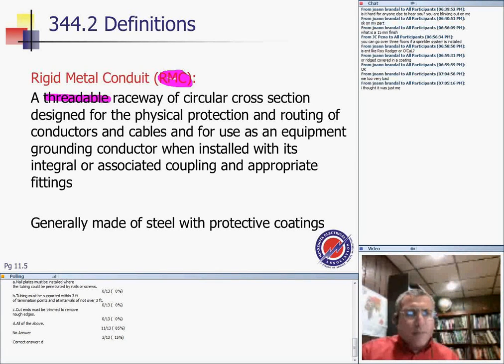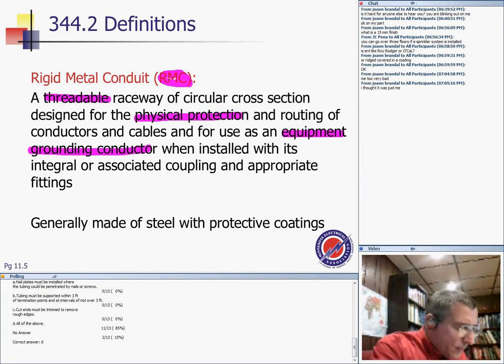Could be any other: aluminum, brass, or any other type. Raceway of circular cross section, physical protection, route the conductor, and also equipment ground conductor. One major difference is that one is steel only, the other one could be any conduit, as a matter of fact.